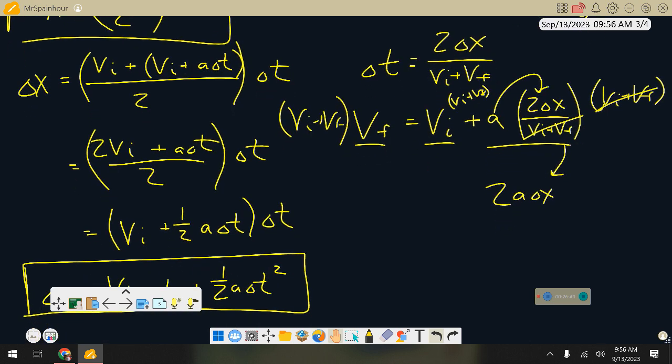And then yes, as was already stated, we now need to distribute, which looks icky, but humor me. Here's what I'm going to get over here. I'm going to get vf squared. I'm going to pick these two first. And then I get a plus vi times vf. And what do I get here?